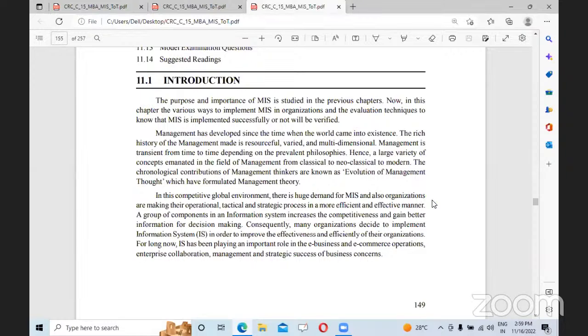Consequently, many organizations decide to implement information systems in order to improve their effectiveness and efficiency. For a long time now, information systems have been playing an important role in e-business and e-commerce operations, enterprise collaborations, management and strategic success for their business concerns.